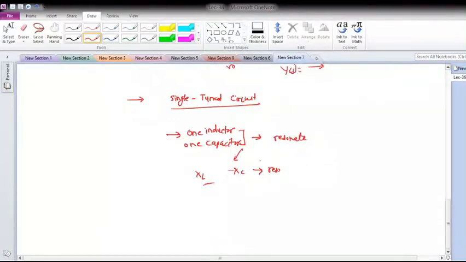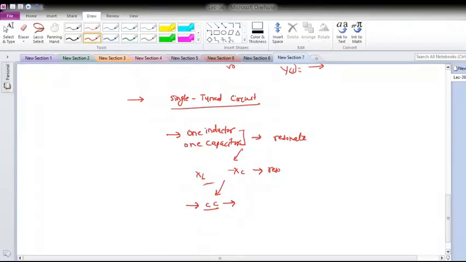Also, it is to be noted that in order to have the resonance, or in order to design the single tuned circuit, we have to have a circuit in such a way that it will resonate, right? And resonance will happen when and only when the pole locations are complex conjugate. So here we are interested in pole locations which are complex, having a complex conjugate pair.